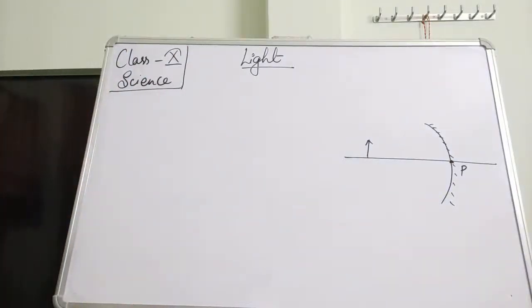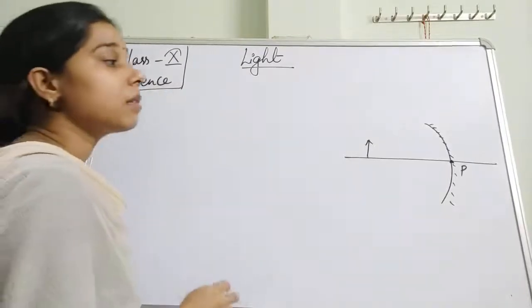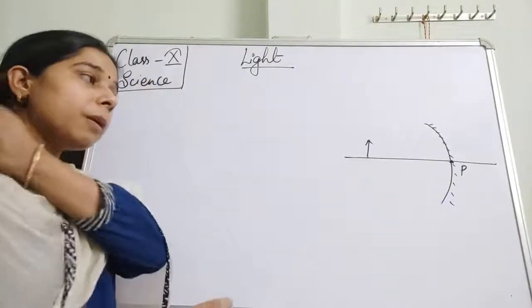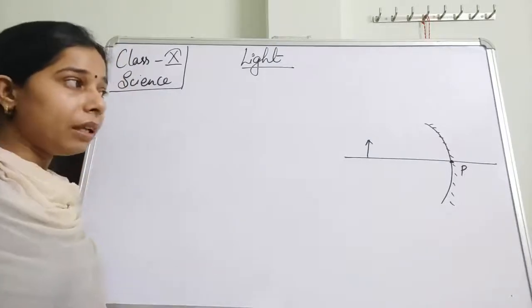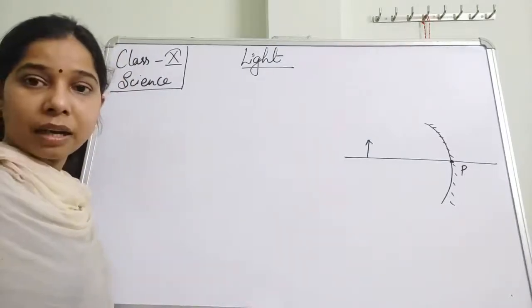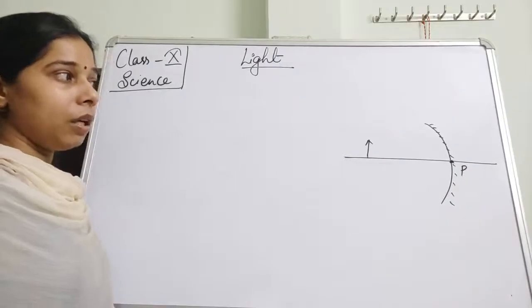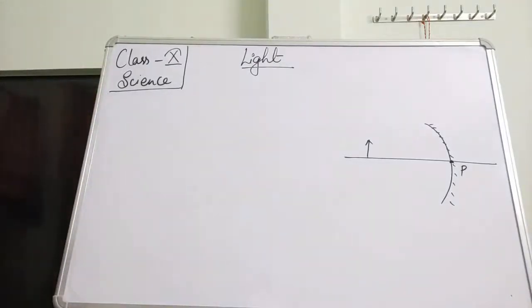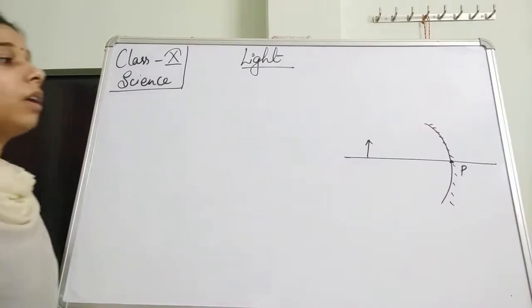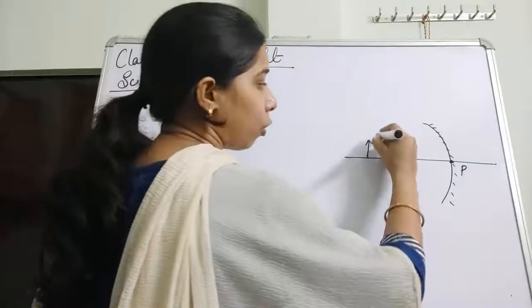The second one we have seen, students, is that the distance measured in the same direction as that of the incident light, we will take as positive.